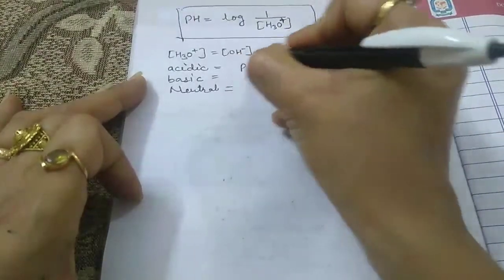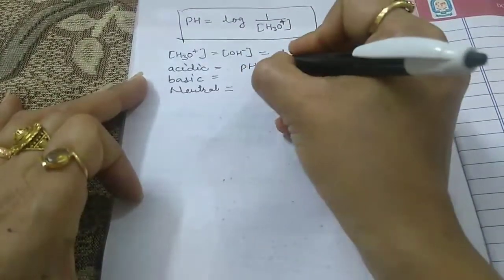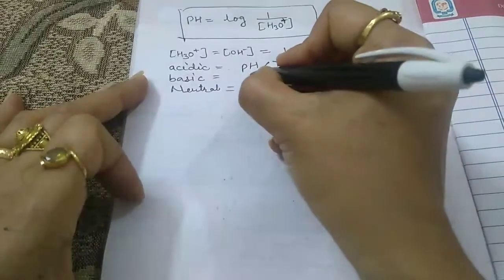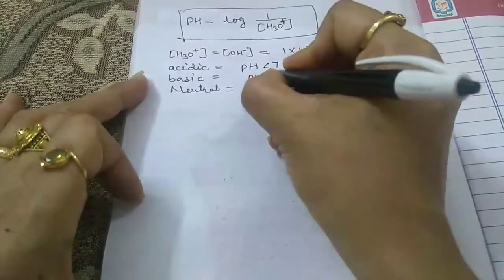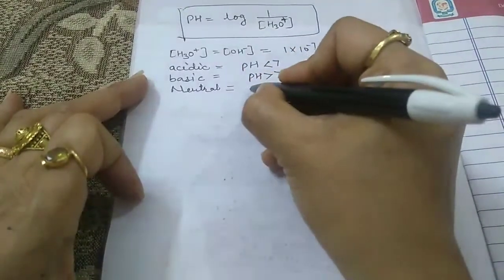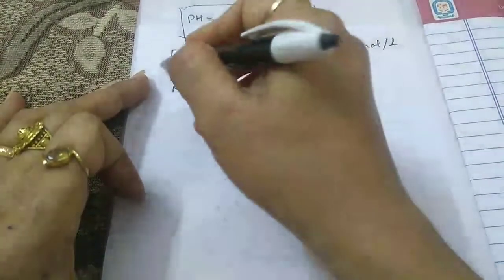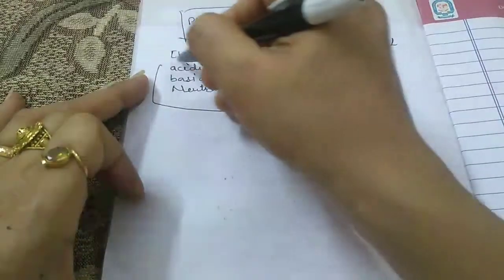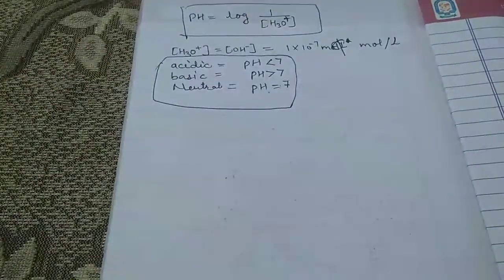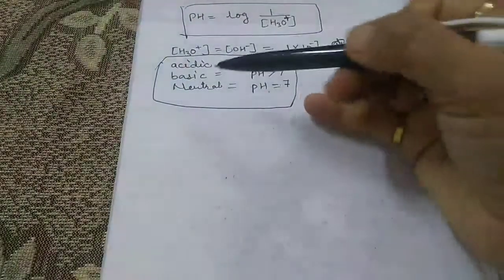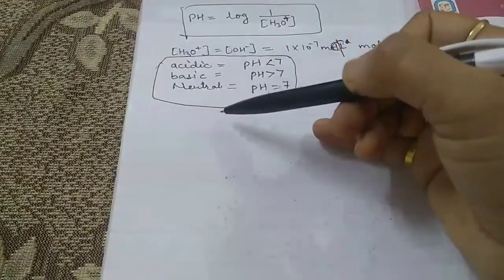For acidic, pH is less than 7. For basic, pH is greater than 7, and for neutral, pH is equal to 7. These are the values of the pH scale.